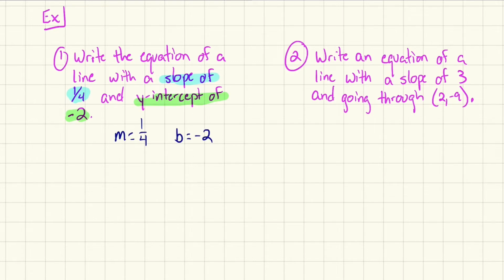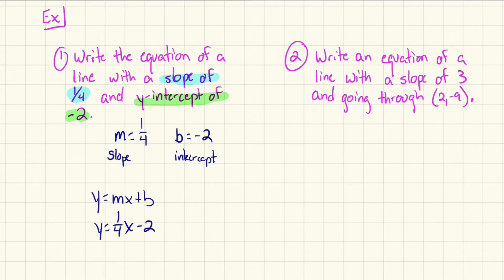So, let's just start. Since they've given us a slope and an intercept, we're going to use slope-intercept form. That's y equals mx plus b. We know that our slope is 1/4, so y equals 1/4 x, and we know that our intercept is -2.